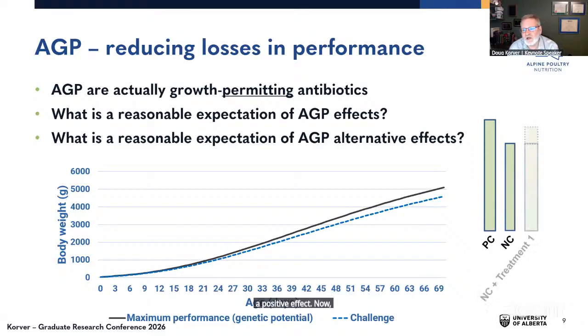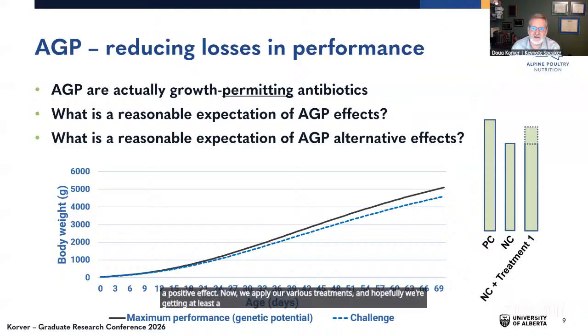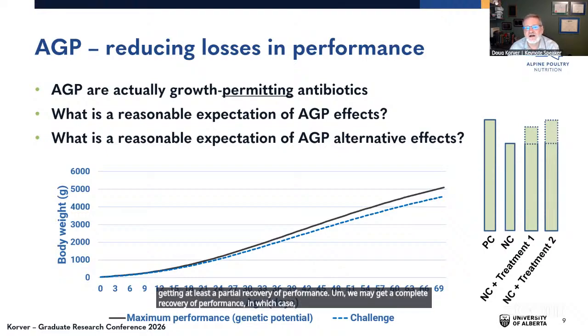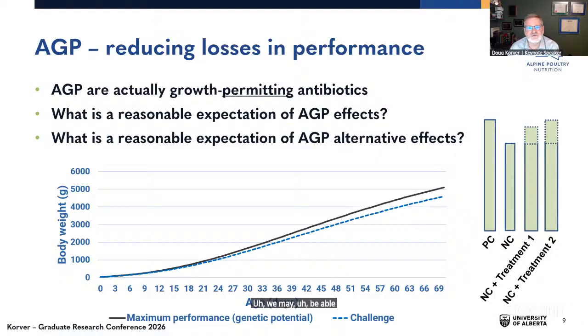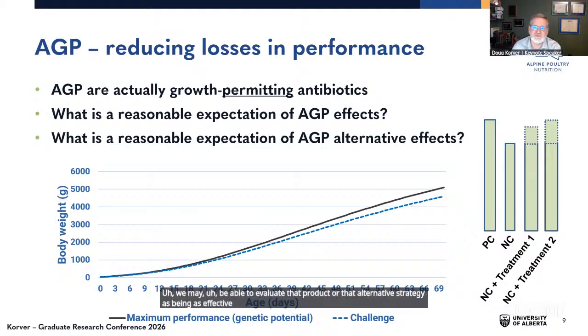Now, we apply our various treatments, and hopefully we're getting at least a partial recovery of performance. We may get a complete recovery of performance, in which case we may be able to evaluate that product or alternative strategy as being as effective under those experimental conditions as the positive control, the antibiotic.